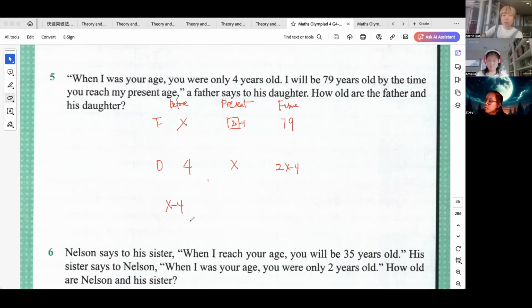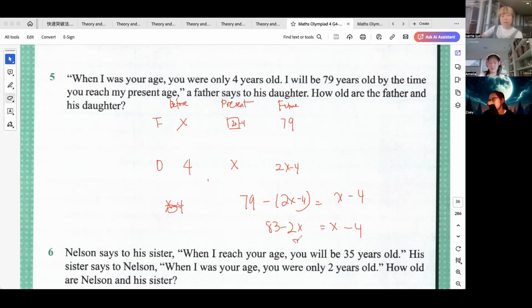So how does the daughter, how do we do it? All you need to do is 79 minus (2X minus 4) equals X minus 4, because the difference between dad and daughter is always what, Amelia? Stay the same. Yes. So it's 83 minus 2X equals X minus 4.